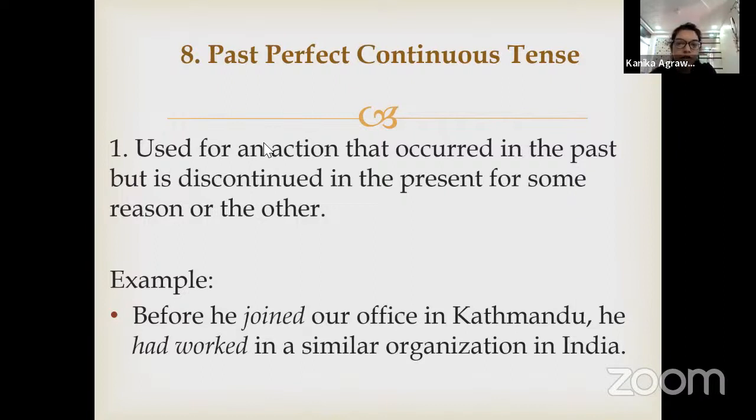In past perfect continuous, it's not being continued anymore, it's discontinued. So the major difference between present perfect continuous and past perfect continuous is that in present perfect continuous, an action has occurred and it is still being continued, but in past perfect continuous, an action has occurred, but it is not being continued in the present. It has been discontinued for some reason or the other.